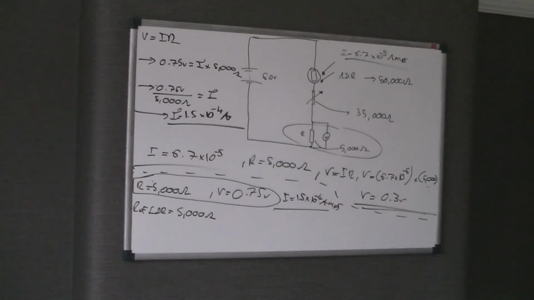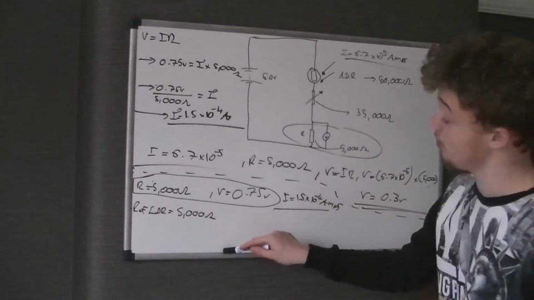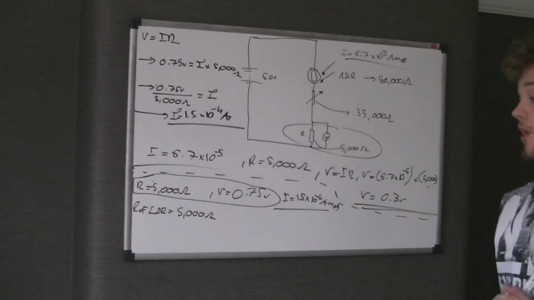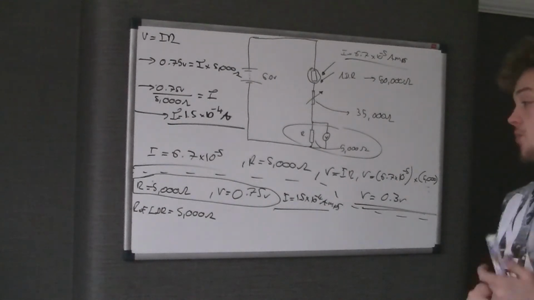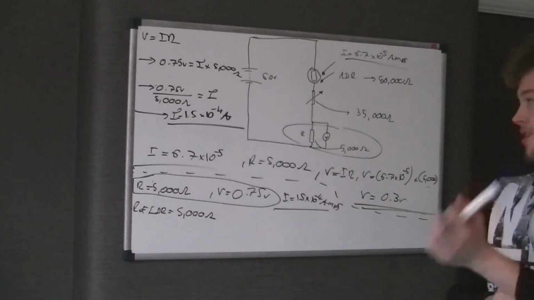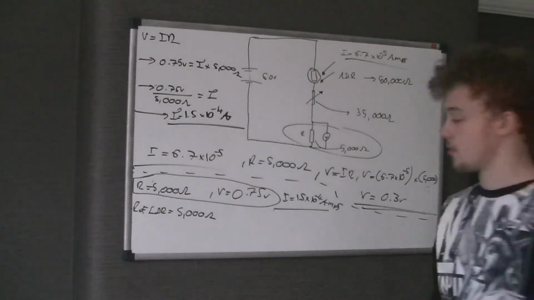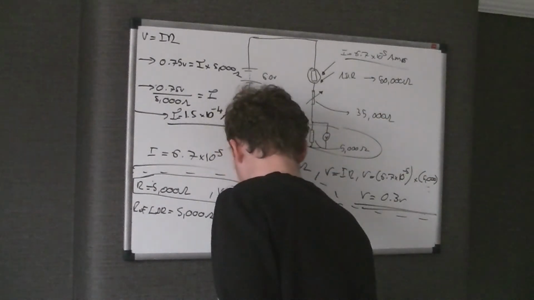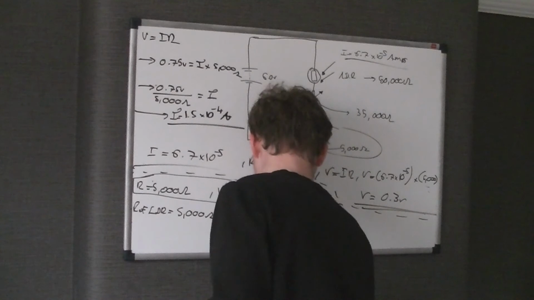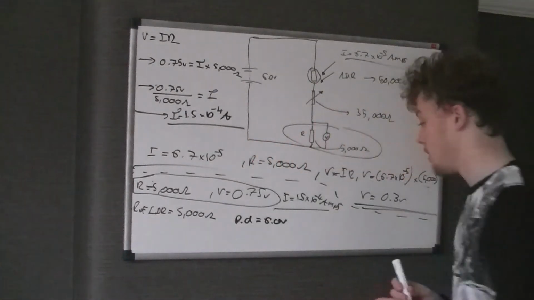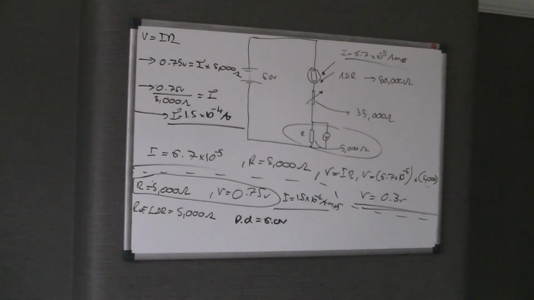We know the resistance of the LDR is 5,000. We know the resistance of the fixed resistor is also 5,000. Obviously, the potential difference of the battery hasn't changed, so it is still 6 volts. We know the current is 1.5 times 10 to the minus 4 amps. So what is the resistance of the variable resistor?